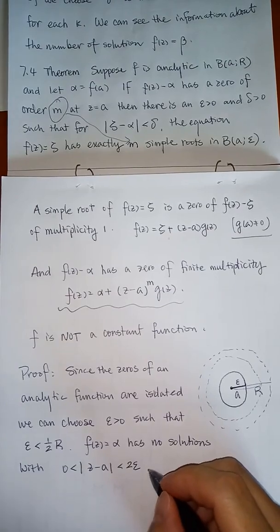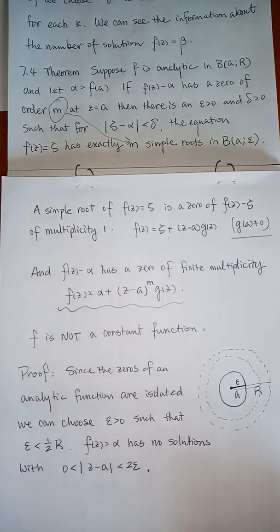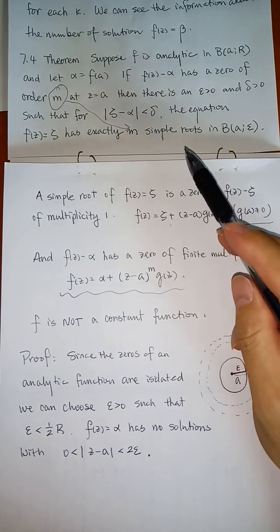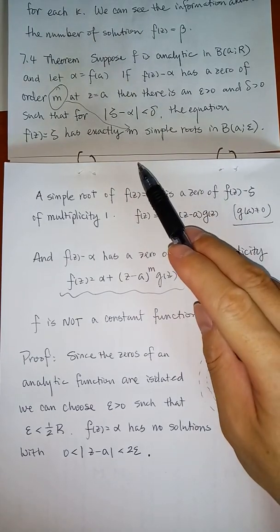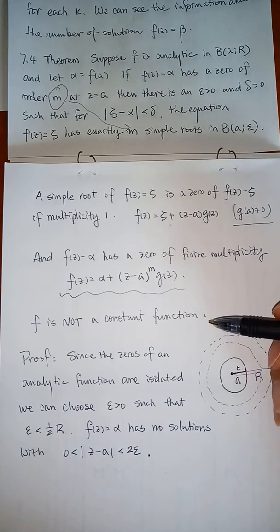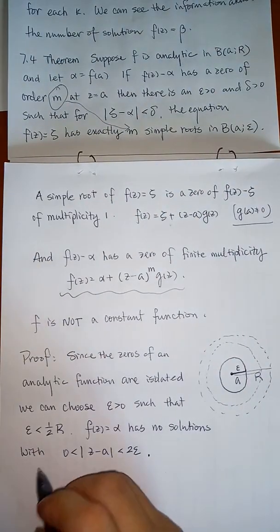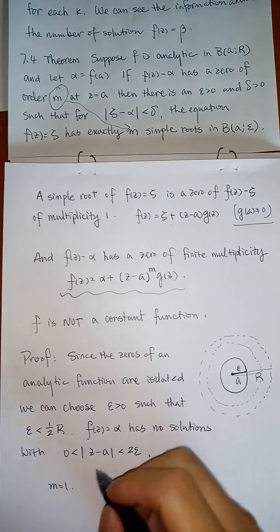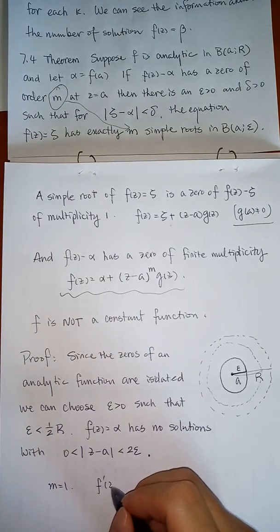Second, before we state the second condition, let's discuss the situation. In the theorem, we say this a has an order m. m can be 1, or m can be greater than or equal to 2. Let's check the case m equal to 1. What is f prime of z?